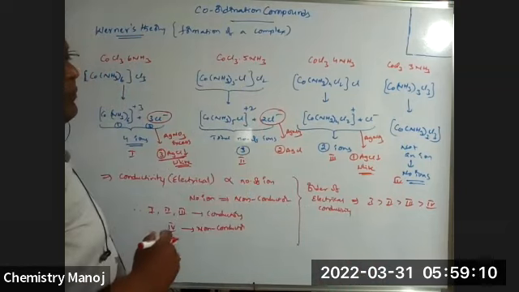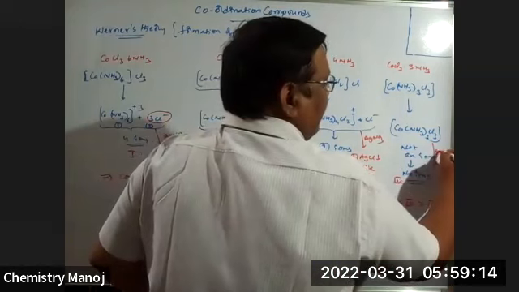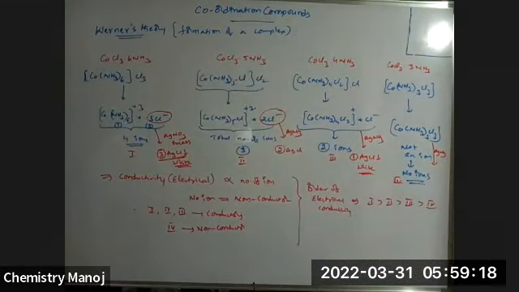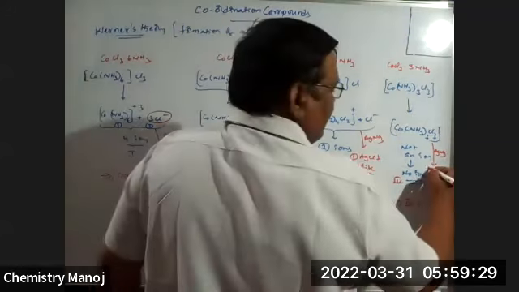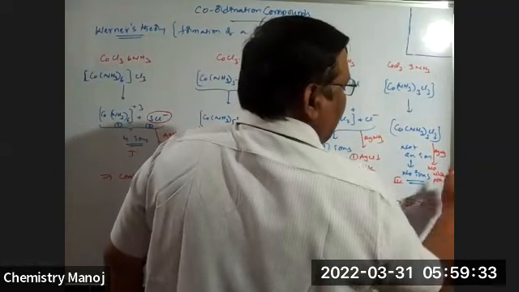Now, if that is treated with AgNO3, how many moles of AgCl precipitate? 0. No precipitation, no white precipitate. Correct?